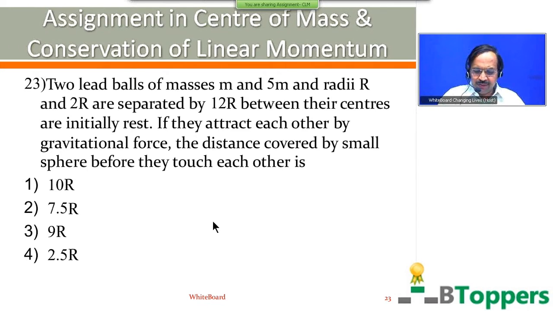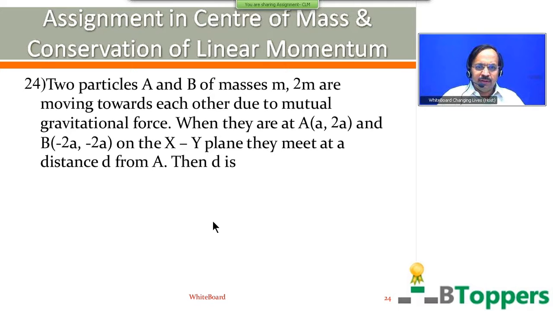So in case you need more time to answer the question, you can take a pause and take your time. I am going to show you the next question on screen. Look at the question number 24. Two particles A and B of masses m and 2m are moving towards each other due to mutual gravitational force.